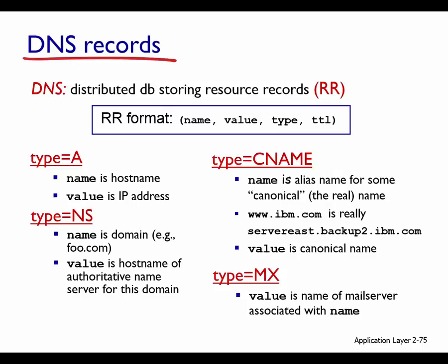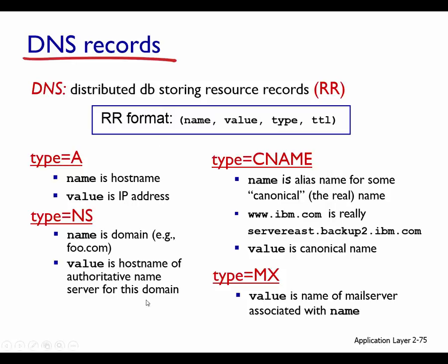If the type is a CNAME, standing for canonical name, the name is the alias for the canonical name. For example, when I want to reach www.ibm.com, the real name for www.ibm.com might be servereast.backup2.ibm.com.